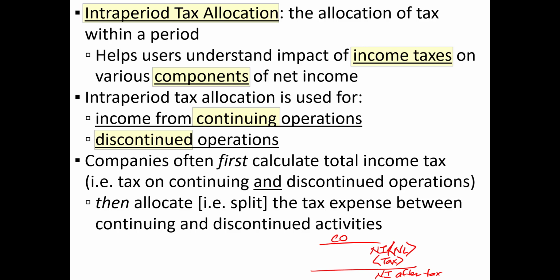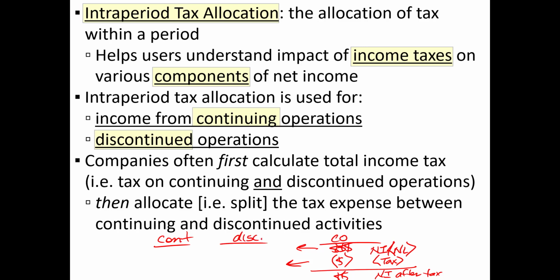Generally speaking, companies will have profitable operations. Yes, it will pay some tax and it will have net income. But what if in a particular year we decide to dissolve one particular division? We want to basically break out these components between continuing and discontinued operations.